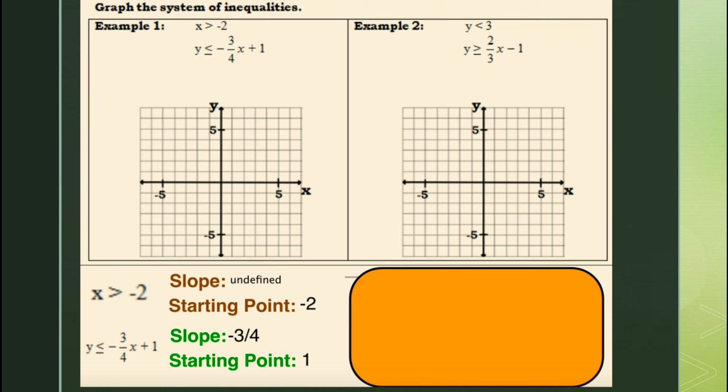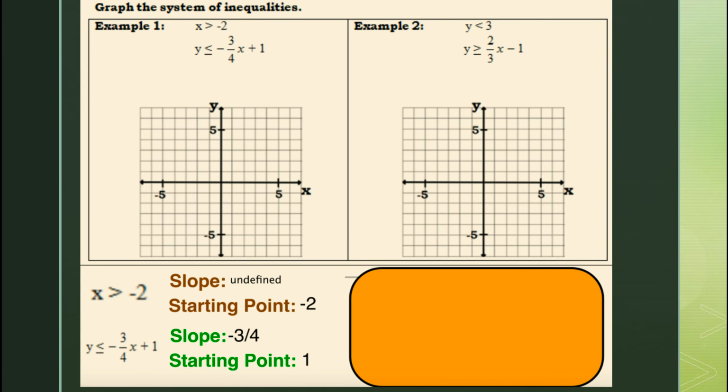Why is it going to be undefined? Well, basically, x is greater than -2. If you recall previously in the other presentation, that it's going to end up giving us a vertical line. And if you remember Slope Dude, when he was talking about things, when he had a vertical line, it was undefined, right?